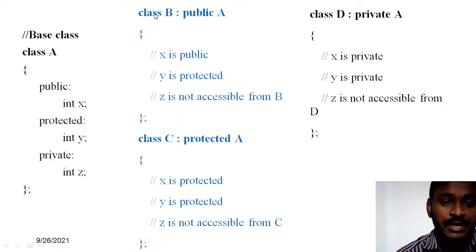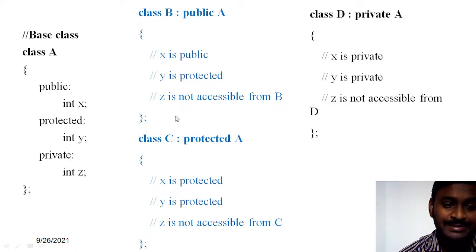When class B inherits class A publicly, then the public data member of class A is public for class B. Also the protected data member is protected for the derived class, and the private data member is not accessible to class B because it is private. We cannot directly access the private data members of a class.